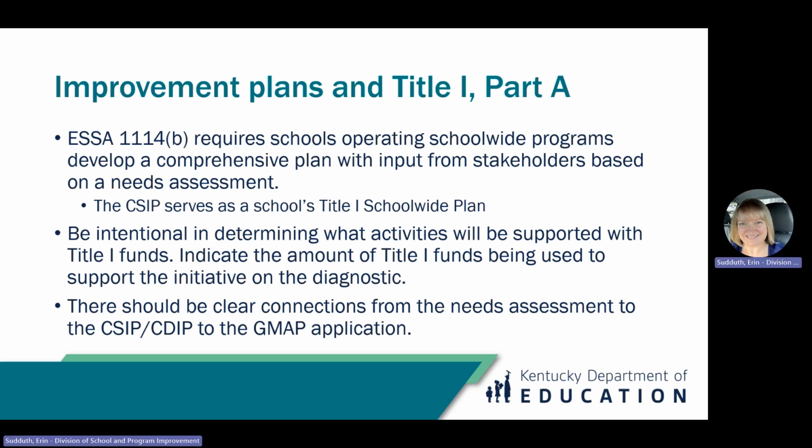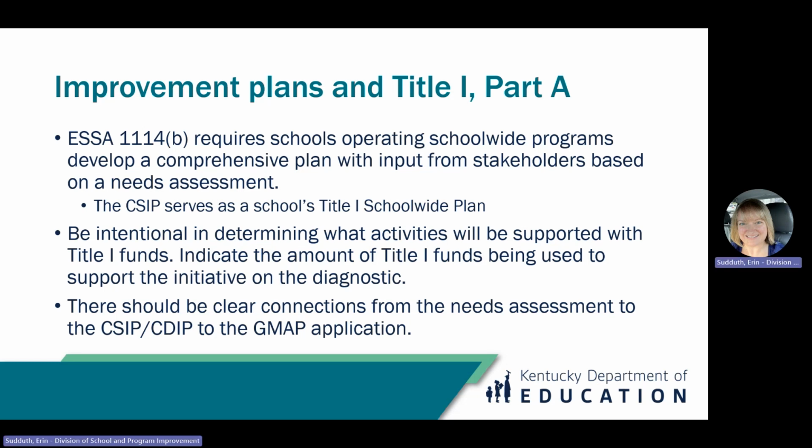Be intentional in determining what activities will be supported with Title I funds. Indicate the amount of Title I funds being used to support the initiative on the diagnostic. Sometimes during monitoring, we see CDIPs or CSIPs where no funding sources have been listed, or maybe Title I funds have been listed for every single item. In these scenarios, it's difficult to demonstrate how needs are informing Title I purchases.